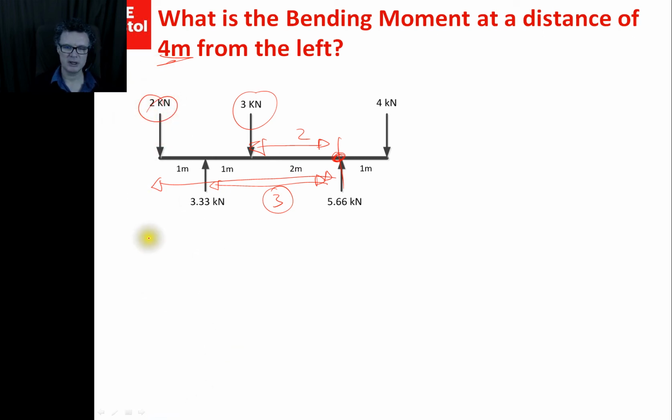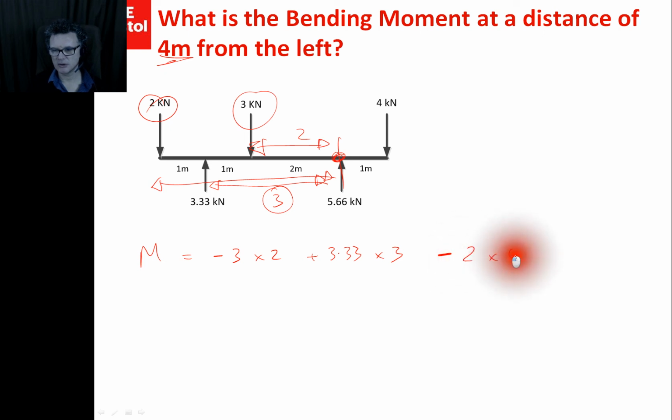So what we need to do is to find the m value at that position. It's going to be what? -3 times 2. Then it's going to be plus 3.333 times 3. And then it's going to be -2 times 4.